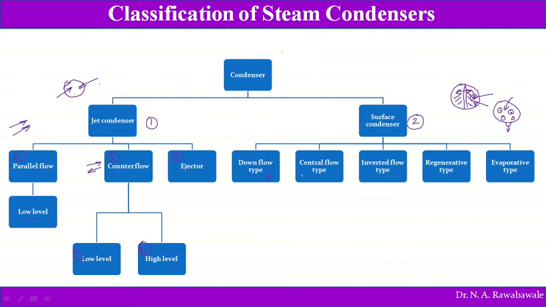Then center flow type, where the flow of steam is at the center of the condenser shell. Then inverted flow type, which is an inversion. Regenerative means heat recovery, and evaporative type is one in which water gets evaporated by absorbing heat from the surface of the cooling coil. So this is first type A, this is B, C, D and E. We will see them one by one.